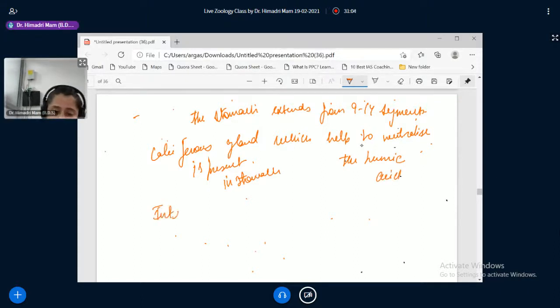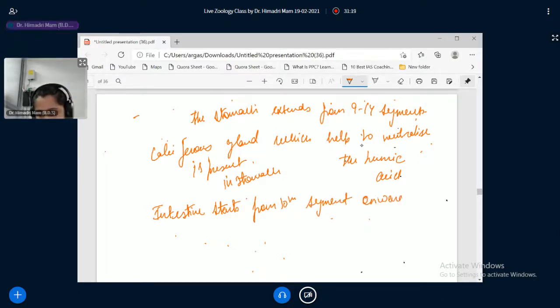The intestine starts from the 10th segment onwards and continues till the last segment.